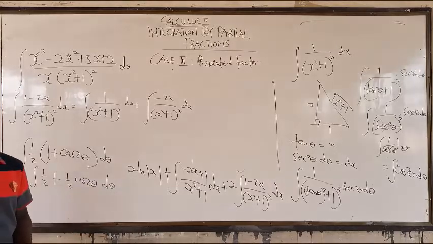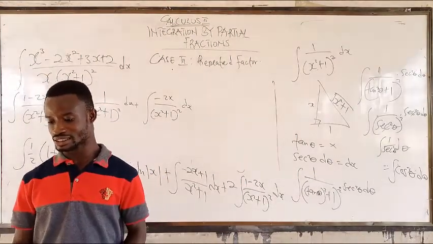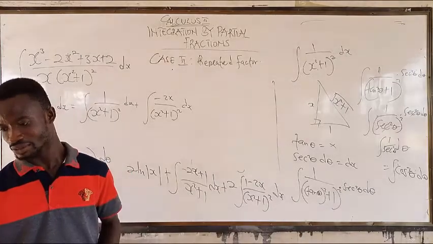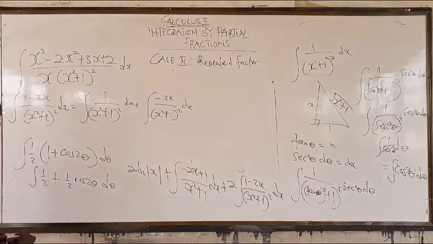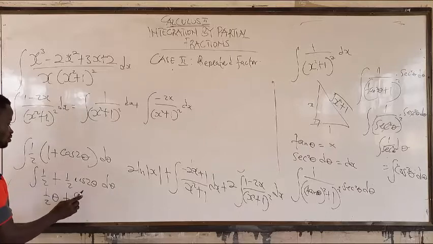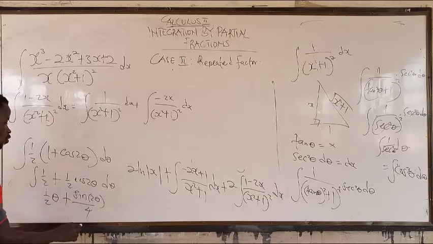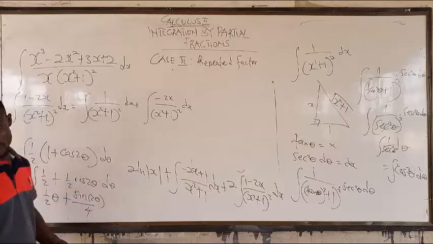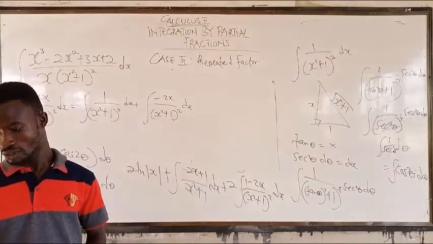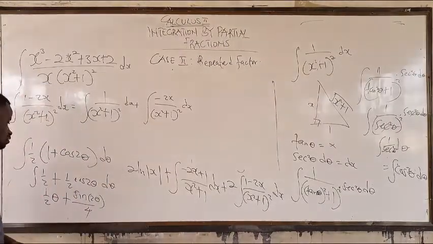Then you integrate it term by term. When you integrate this, you get half theta, plus, you integrate this, we get sine 2 theta over 4. You know the technique. The 2 here will multiply this, you get 4 here. Very good. So that is what you are going to get.